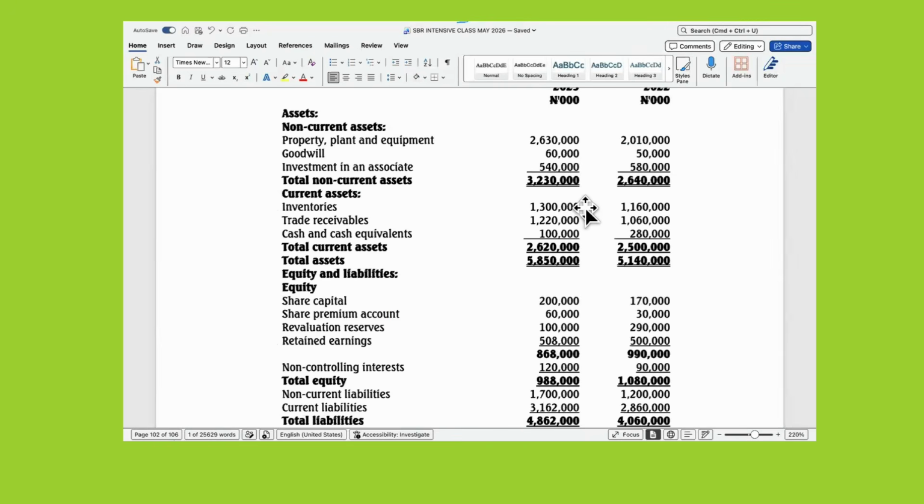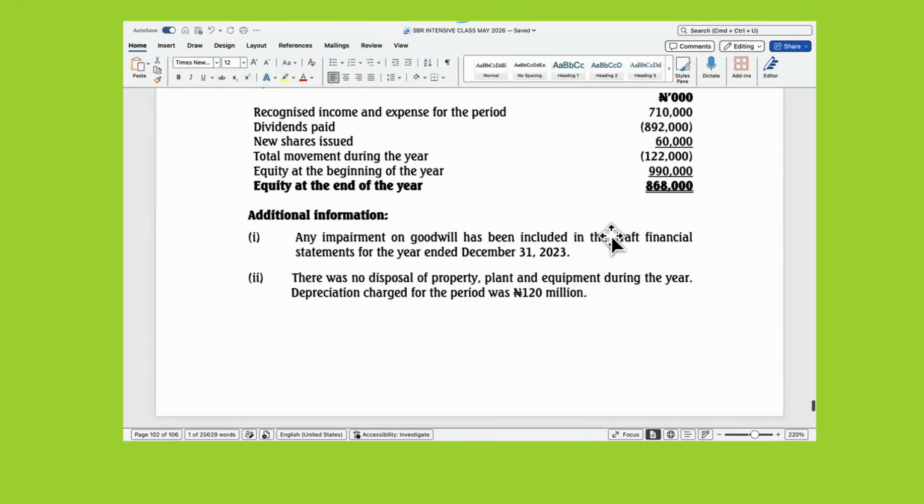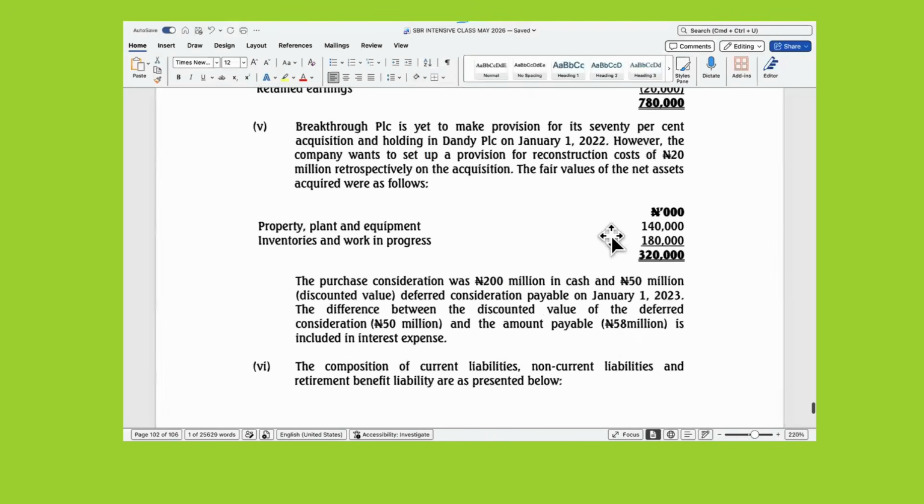The next item is inventory. Opening, closing, receivables, opening, closing. I'm going to ignore cash because that's what I'm working towards. For the inventory, I want to check if the subsidiary has inventory.